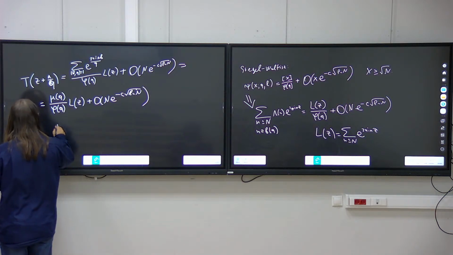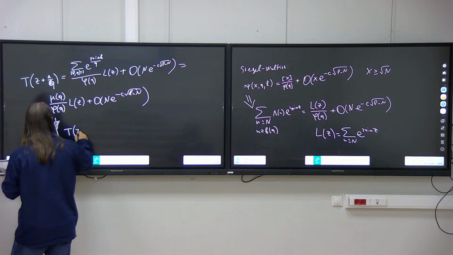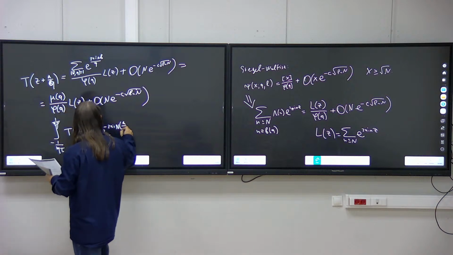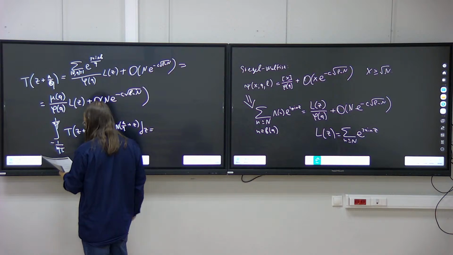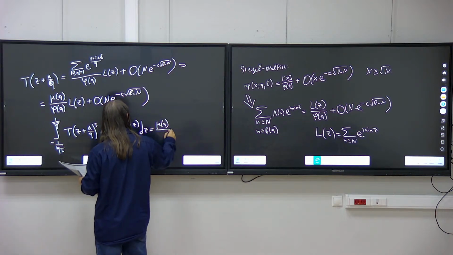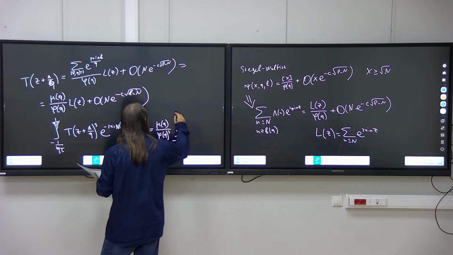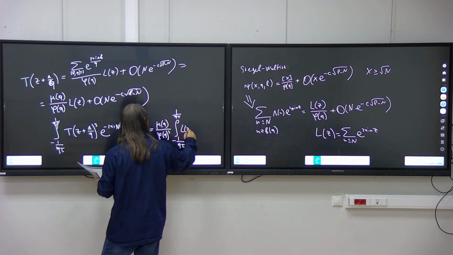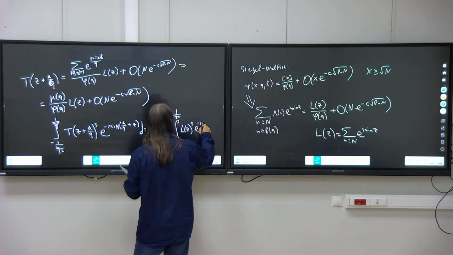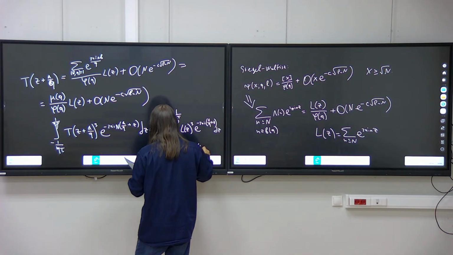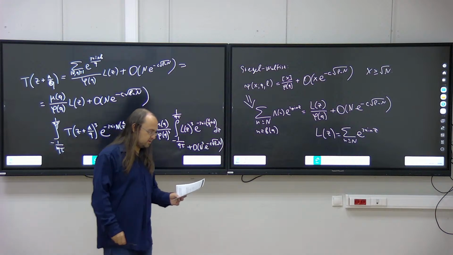You get that the integral from minus 1 over q tau to 1 over q tau of T of z plus a over q cubed, e to the minus 2 pi i n times a over q plus z dz will be equal to mu of q divided by phi of q cubed, multiplied by the integral of the linear exponential sum L of z cubed e to the power minus 2 pi i n times a over q plus z dz, plus some small remainder term like N squared e to the minus c square root of log N.